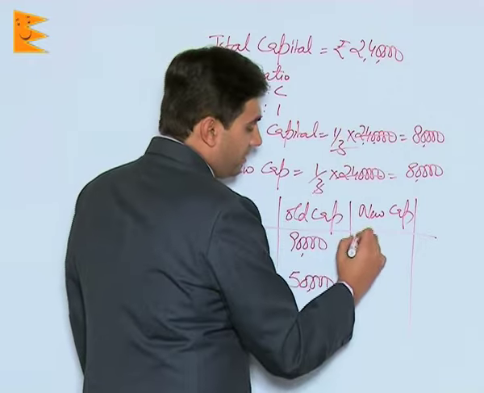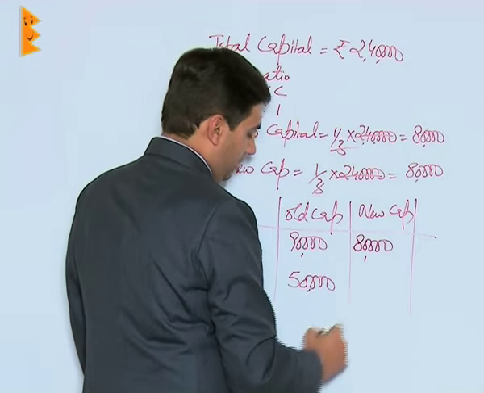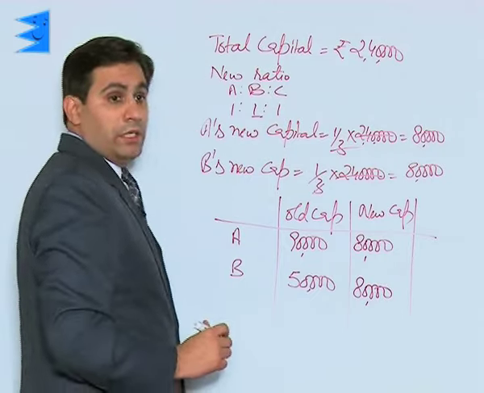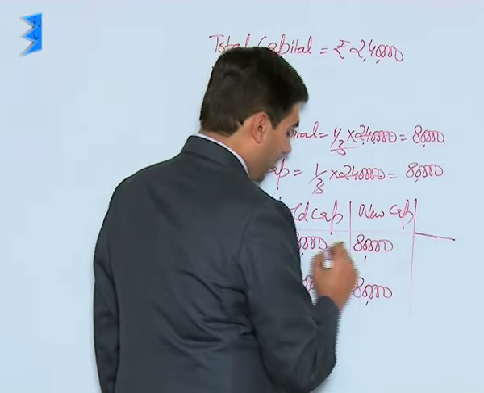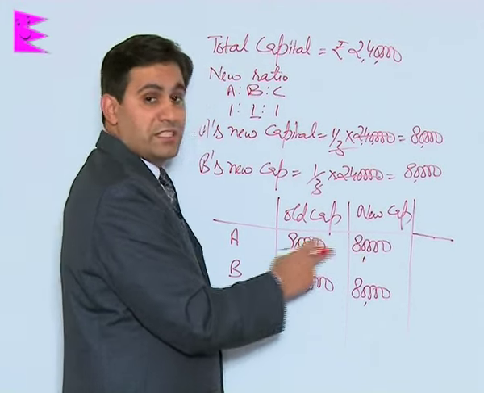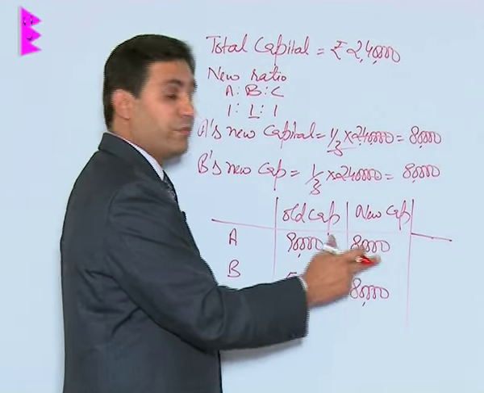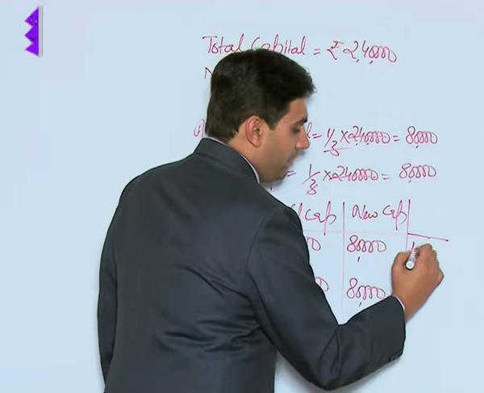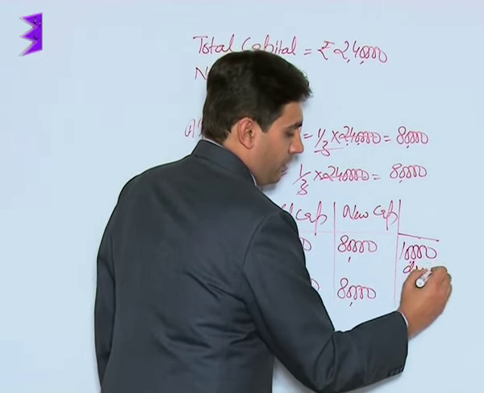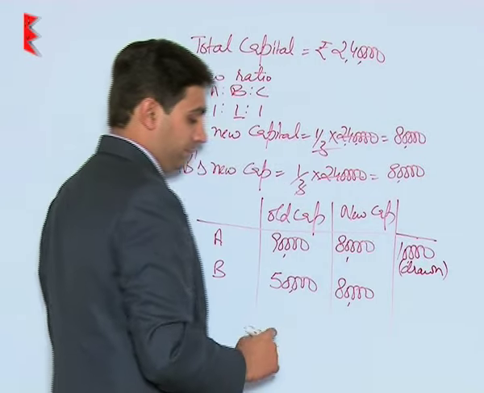The new capitals that we have calculated are 80,000 and for B it is 80,000. That means A, who actually has a capital of 90,000, is required to maintain a balance of 80,000 only. So he will withdraw 10,000 drawn out of the business.